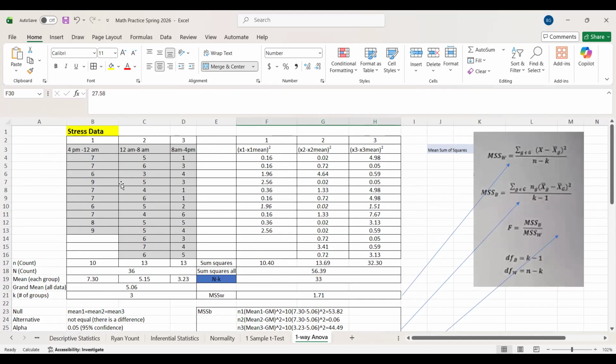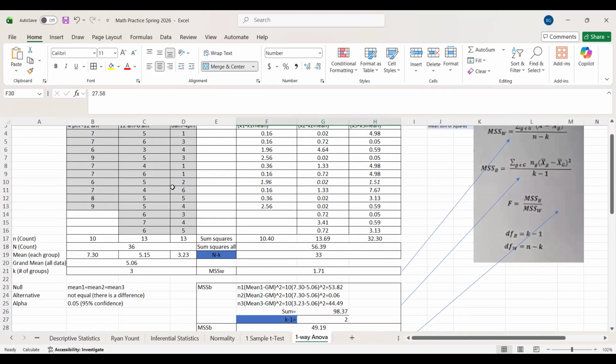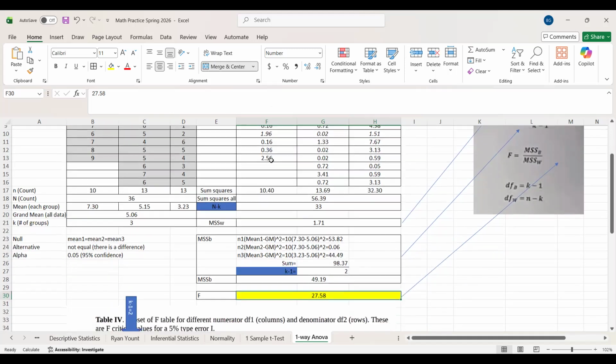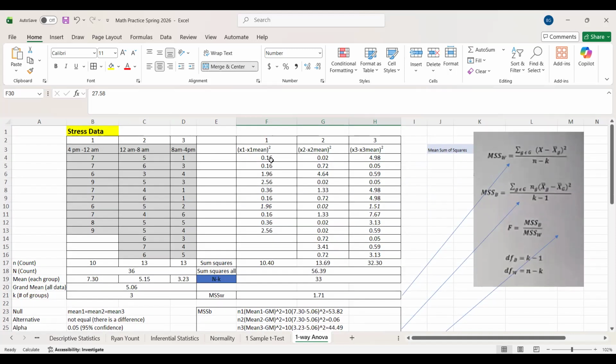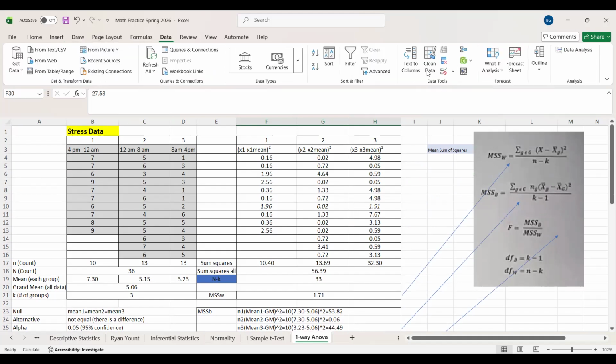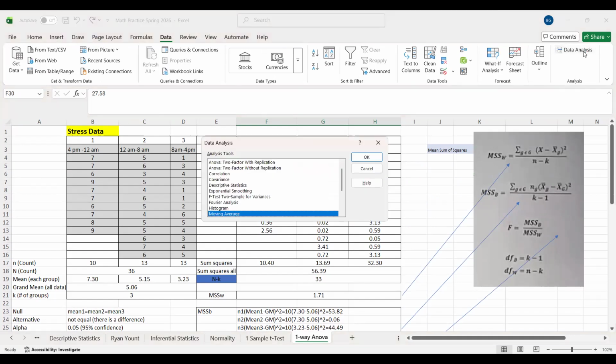So let's take a look at a quick way of getting exactly that same 27.58. I'm going to use the data analysis pack. And we're looking for single factor ANOVA.